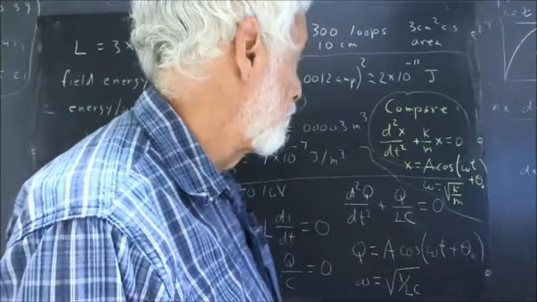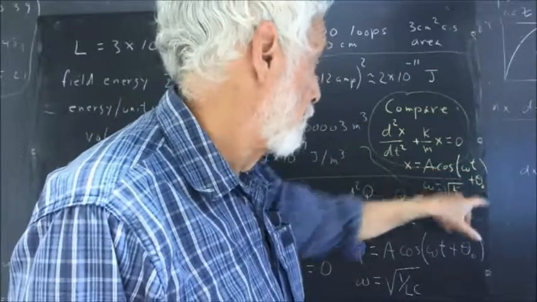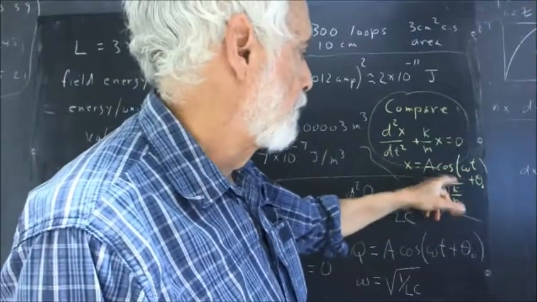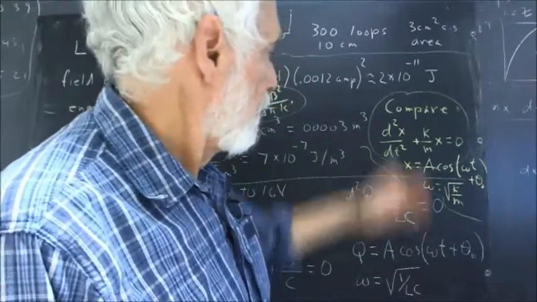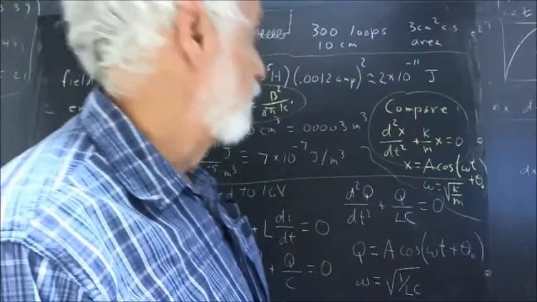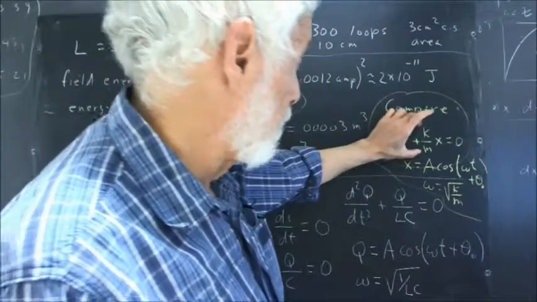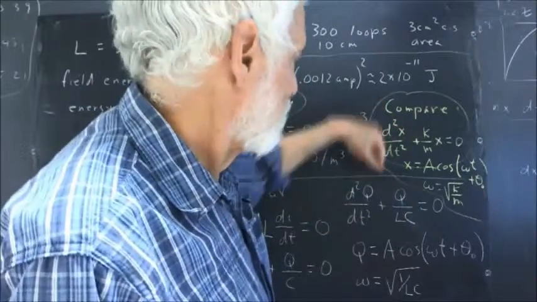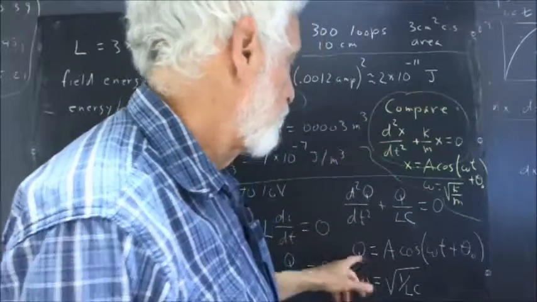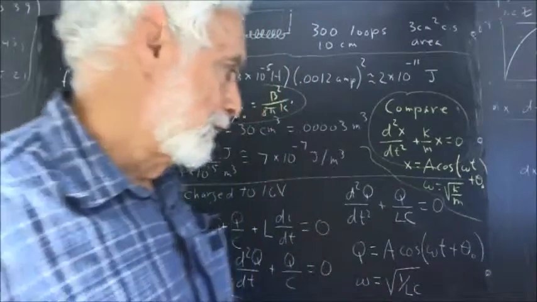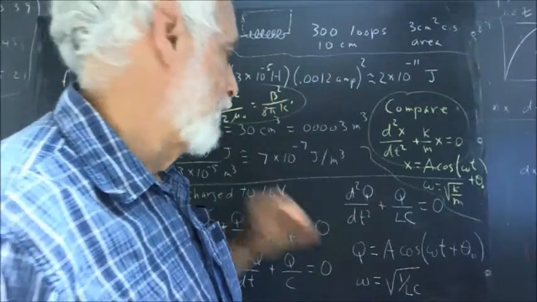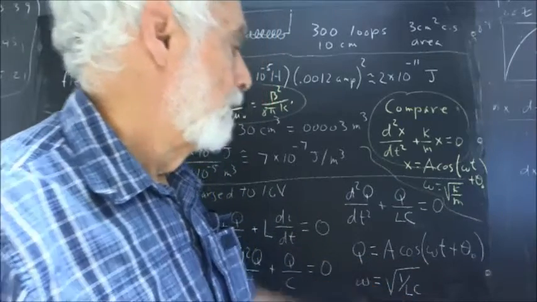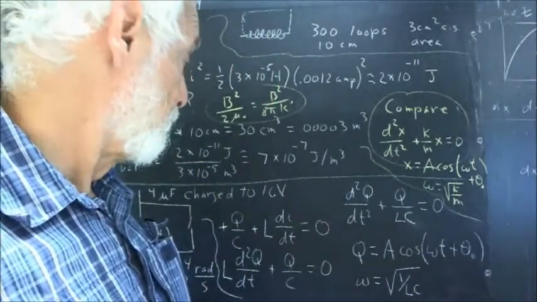We get this equation, and this leads to this solution, a cosine of omega t plus theta naught, where omega is the square root of k over m. Completely analogous differential equations, the only difference being the k over m as opposed to the 1 over LC and q instead of x. So the solution is, in all respects, of the identical nature, just the omega now has a different meaning and a different interpretation.